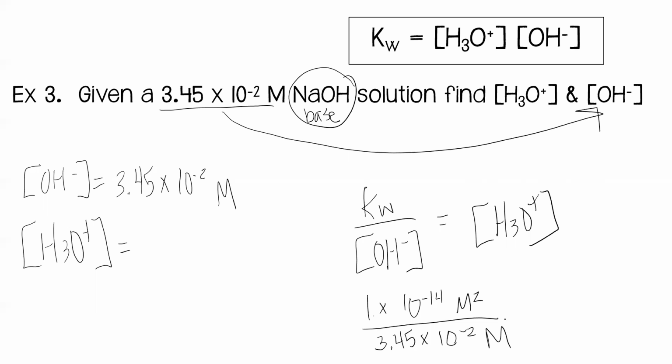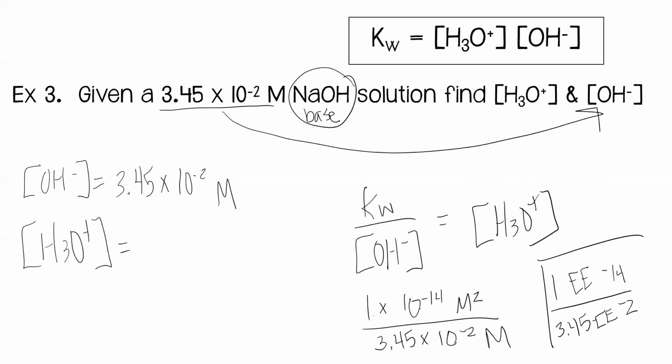And like I said, if you're struggling with plugging into your calculator, please reach out to me. Sometimes using the EE button, if you have that on your calculator, is better. So you would type in your calculator 1 EE negative 14 divided by 3.45 EE negative 2.